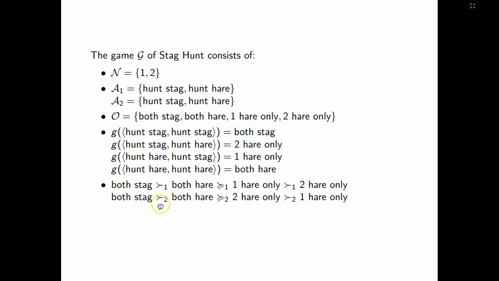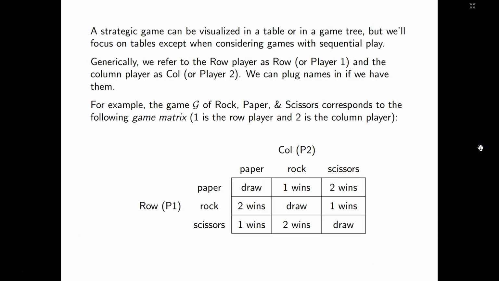We have a preference relation defined for each player, player 1 and player 2. Player 1 prefers both get stag to both get hare, and is indifferent between both getting hare and just player 1 getting hare, and prefers all of those outcomes to player 2 getting hare and 1 going home empty-handed. We see the same thing holds for player 2.